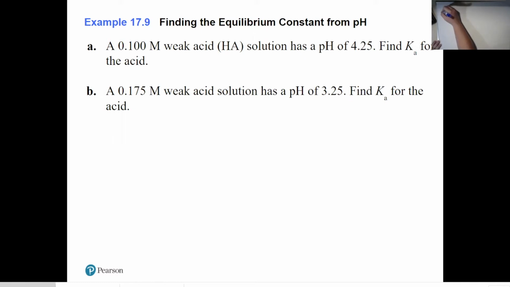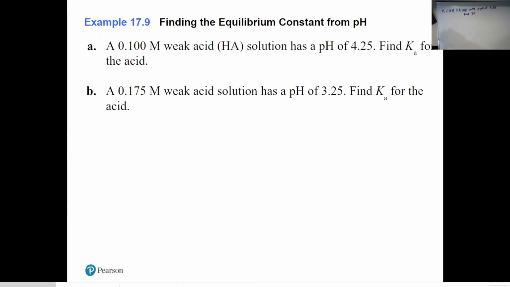All right, so we'll start with A. A 0.100 molar weak acid, which we're going to represent as HA, with a pH of 4.25, and we're going to find the Ka of that.